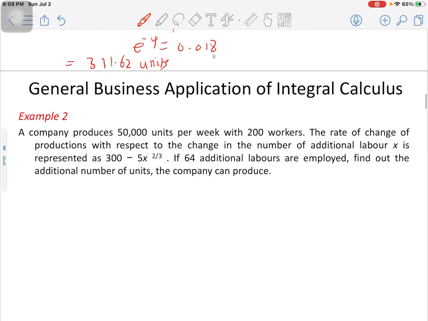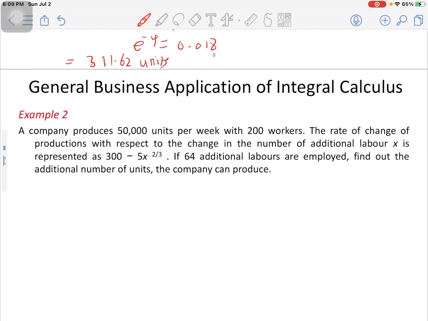So the second example about the general business application of integral calculus will be something quite simple. So let's start off with example 2. A company produces 5,000 units per week with 200 workers.